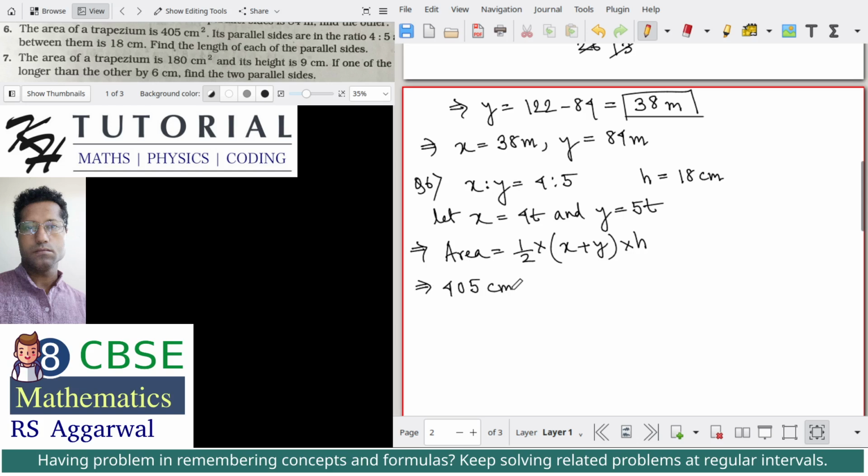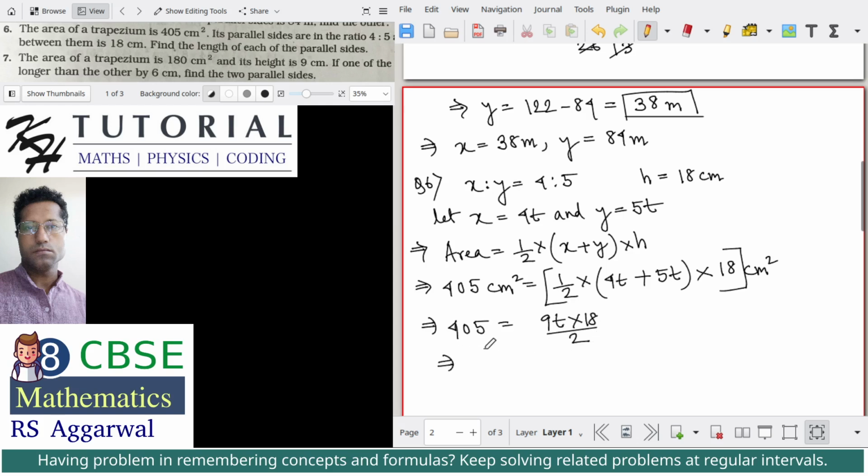So we have 405 centimeter square is equal to half multiplied by, what is x? x is 4t and y is 5t, multiplied by h is 18. Ignoring the units, we have 405 is equal to 4t plus 5t is 9t. We have 9t multiplied by 18 divided by 2.